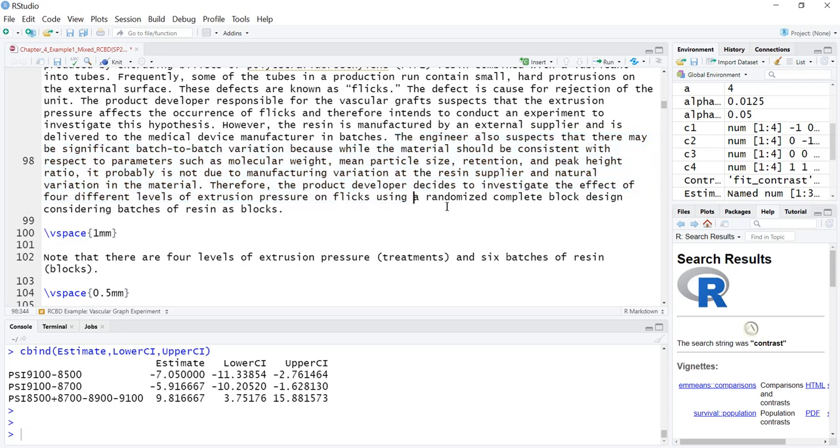So we'd say we're investigating the effect of 4 different levels of extrusion. Yeah, so we basically have an introduction here. The conclusion would conclude what we see. So we would summarize everything that we had found briefly.